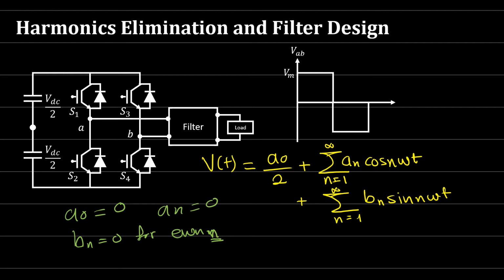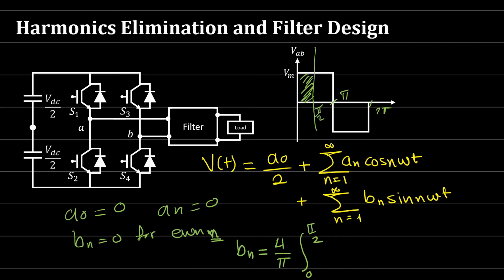So we can say that Bn is equal to 4 over pi times the integration from 0 to pi over 2, because here we have symmetry, right? Pi over 2, this is pi, 2 pi. So we can just take this portion, integrate it, and multiply by 2, right? So instead of 1 over pi over 2, this will be 1 over pi over 2 times 2.